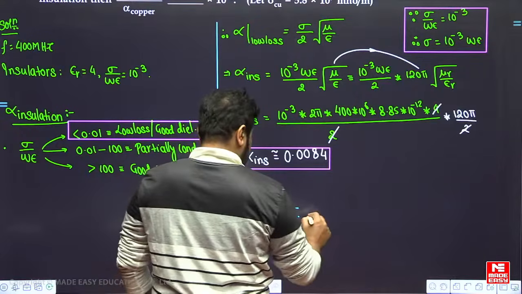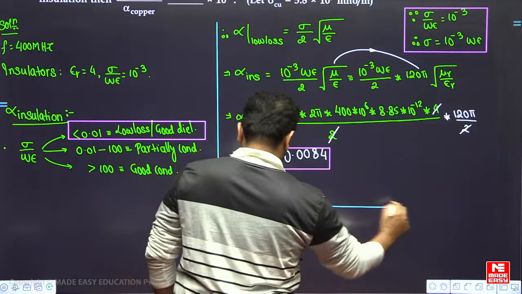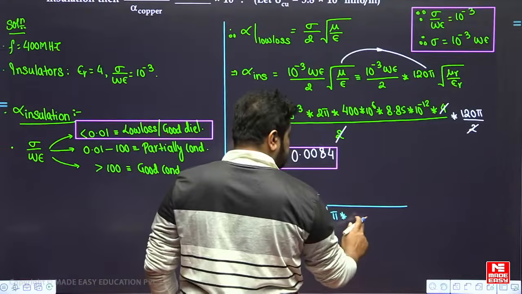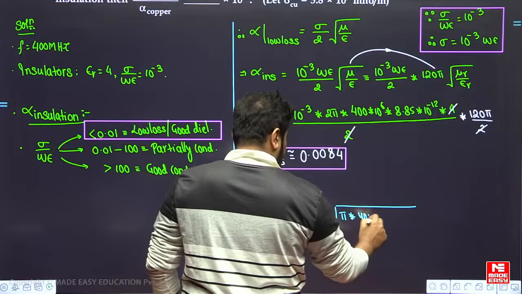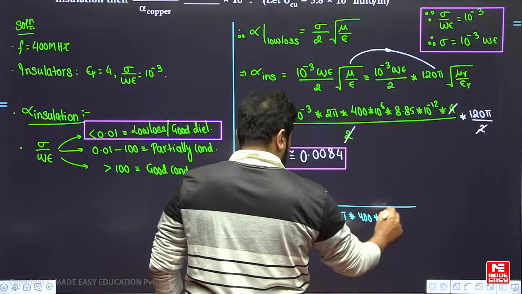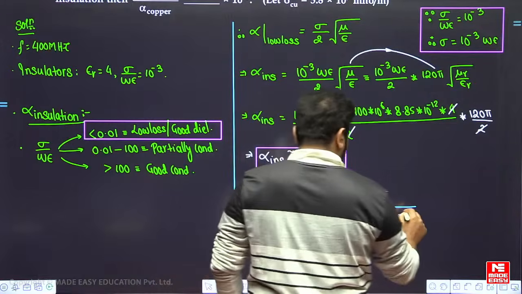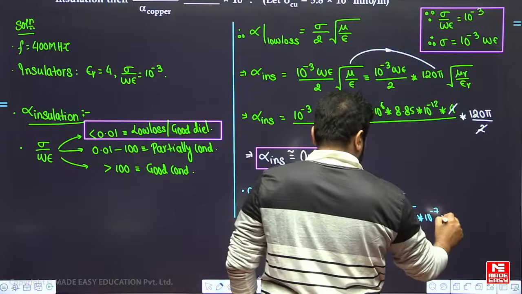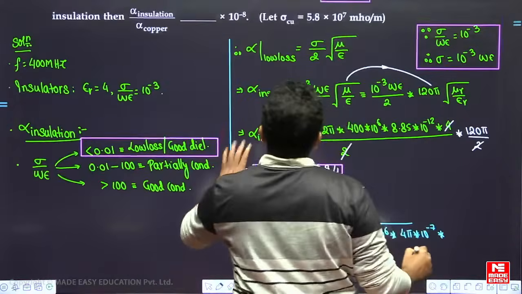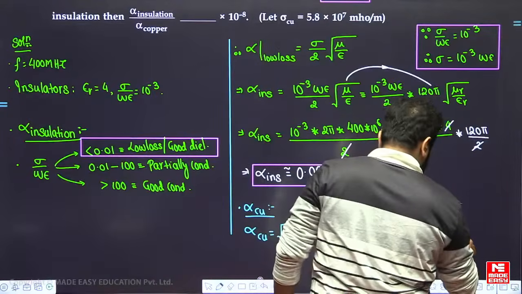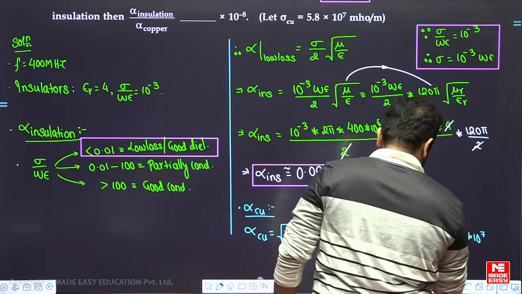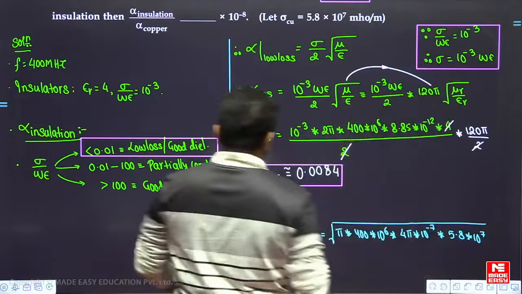So this is root under pi, frequency is 400 megahertz, so 400 into 10 to the power 6, mu will become mu naught, 4 pi into 10 to the power minus 7, into conductivity of copper, which is given as 5.8 into 10 to the power 7.